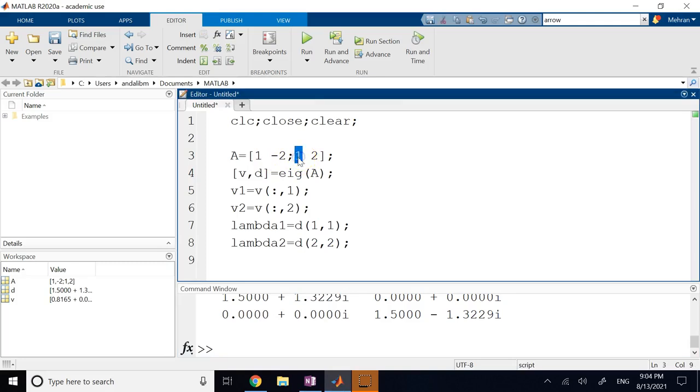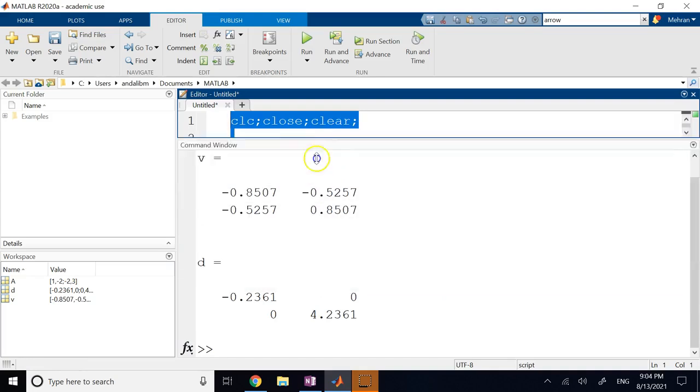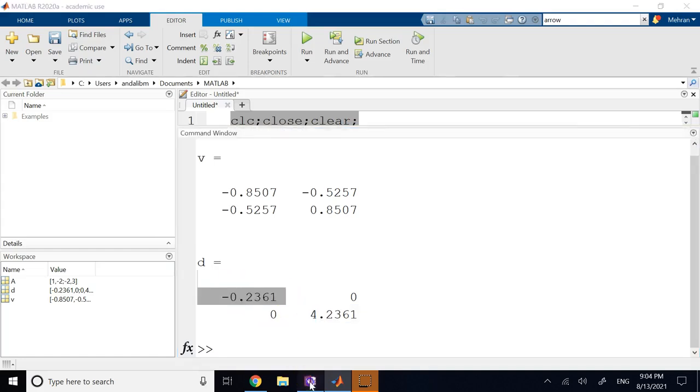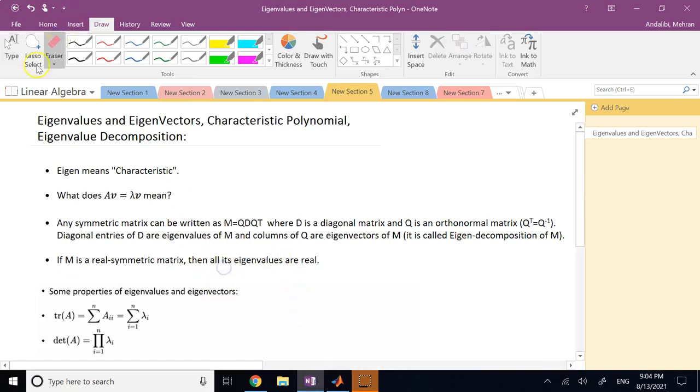If I make this a -2 and let's say 3, now the diagonal is 1 and 3, and the anti-diagonal is -2, -2. So it is a symmetric matrix. Now, if I run it, then definitely my eigenvalues are going to be real numbers. It doesn't say if they are positive or not, but it says they are real numbers.